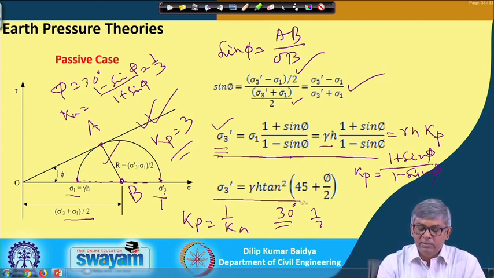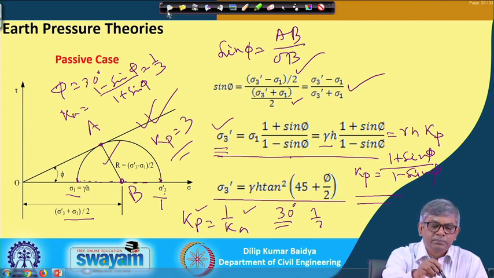From here you can find the value of K_A, the value of K_p, and the relationship between K_A and K_p.